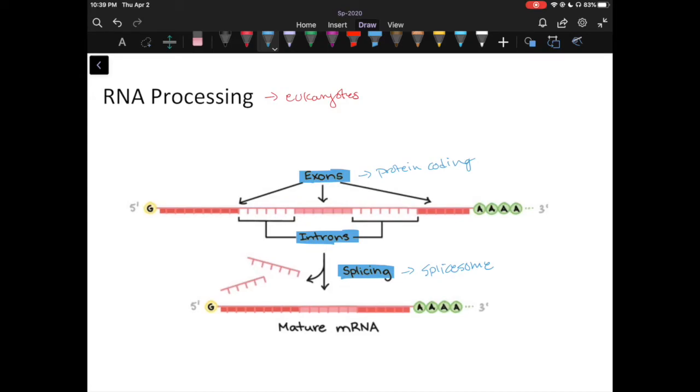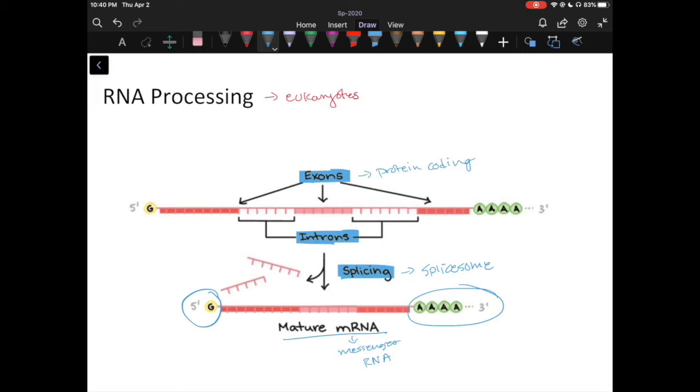Okay, and that gives us our mature mRNA, and mRNA means messenger RNA. This is the RNA that is used to make the protein. But before it can do that, we need to add a 5' cap and a poly A tail. The 5' cap is a 7-methylguanosine, and it is essential for translation because the ribosome that translates the mRNA recognizes it by its 5' cap.